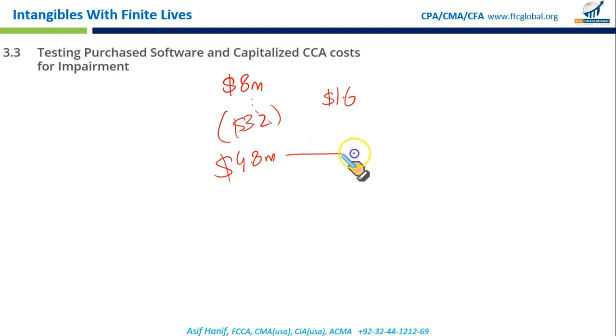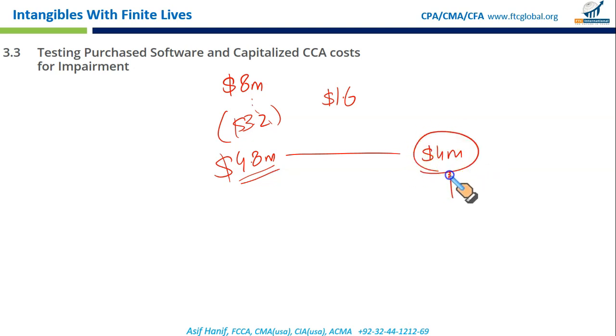Now we would like to test for impairment. Certain events have occurred which tell us that the amount we have is no longer recoverable. So what we do, we add up all the future cash flows expected from the software without discounting. Remember, undiscounted future cash flows. Let's say the number we get is $4 million.